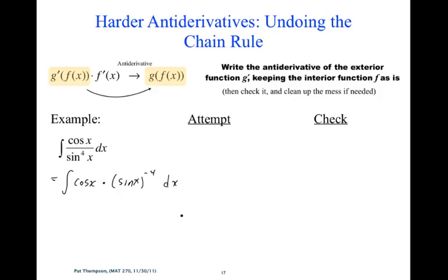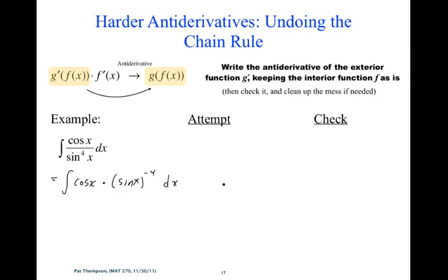Okay, Hurley shirt. Did you get it? What was your first attempt? Integral of cosine? Now what are we going to focus on here if we're going to undo the chain rule?